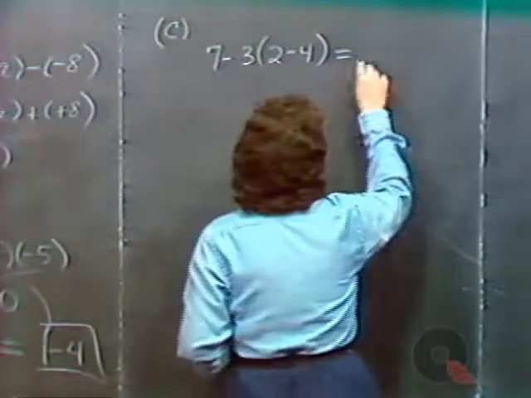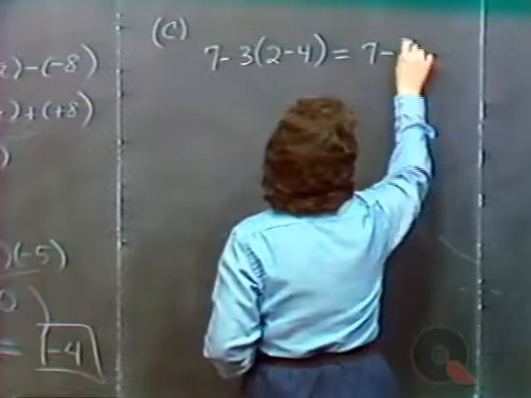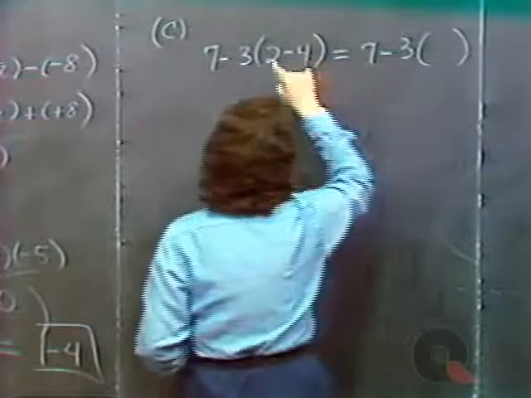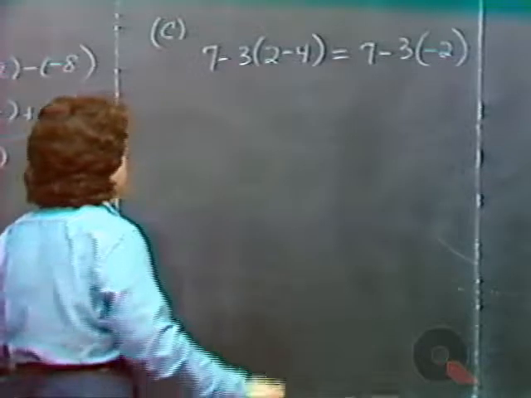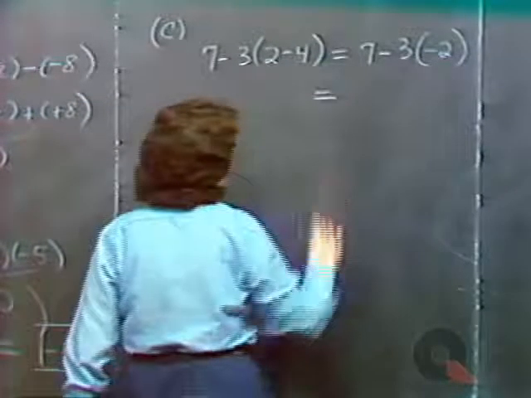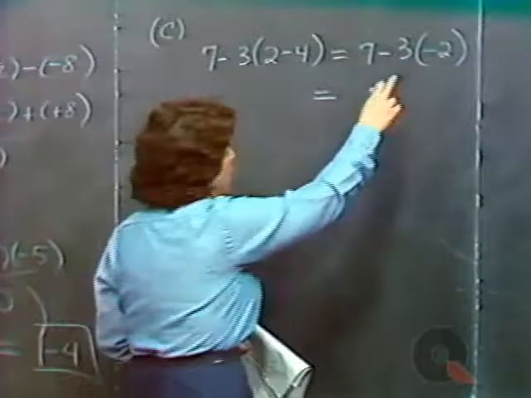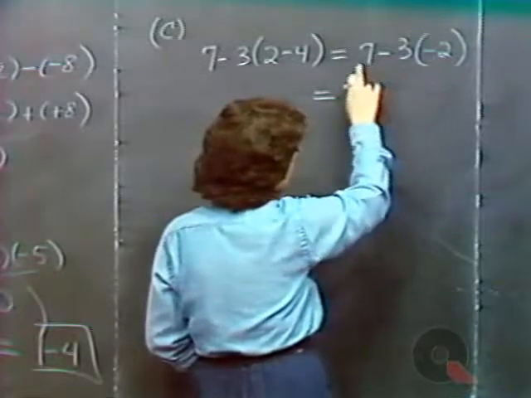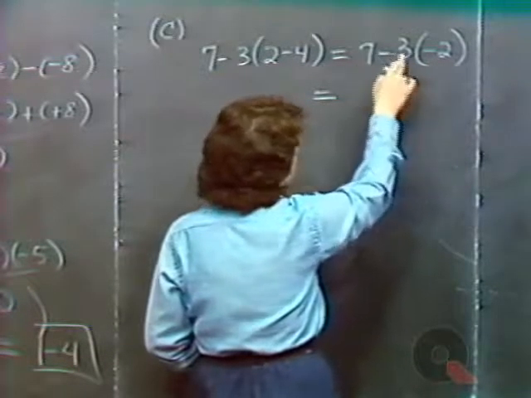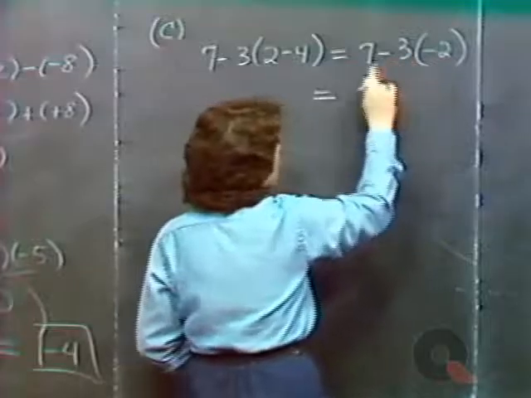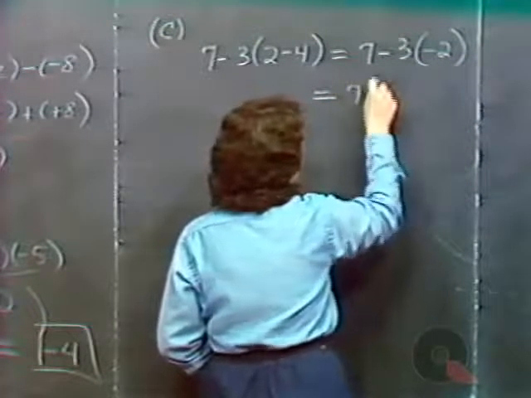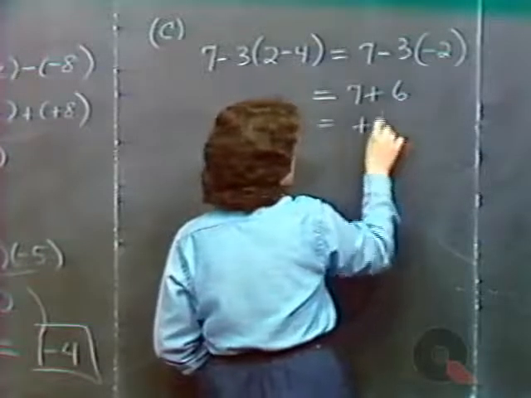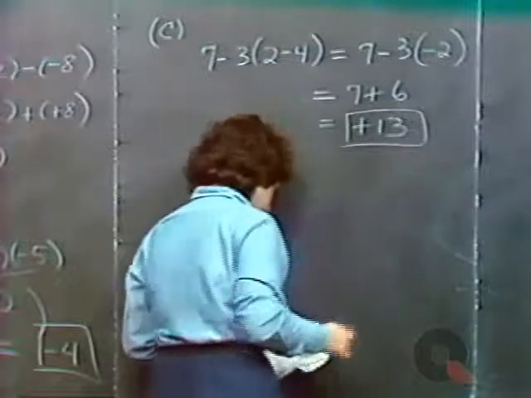So 2 minus 4 gives you a minus 2. The multiplication is to precede the subtraction. So you don't say 7 minus 3 is 4, but rather you say minus 3 times a minus 2 is plus 6. 7 and a plus 6 gives us a plus 13.